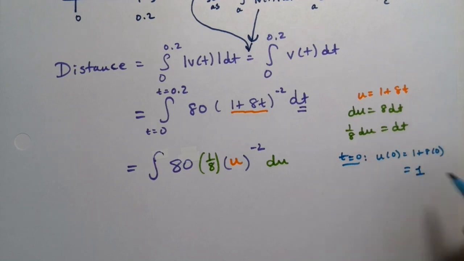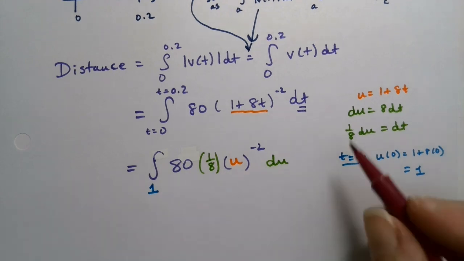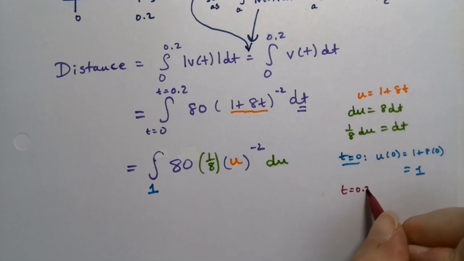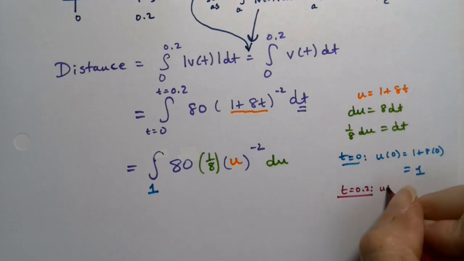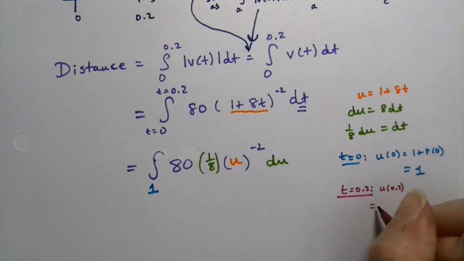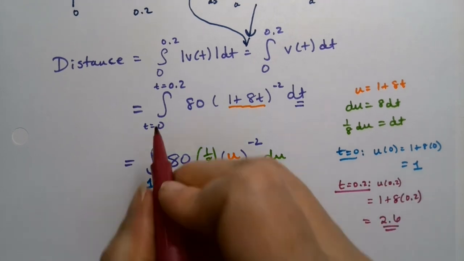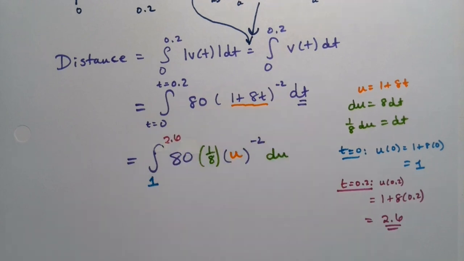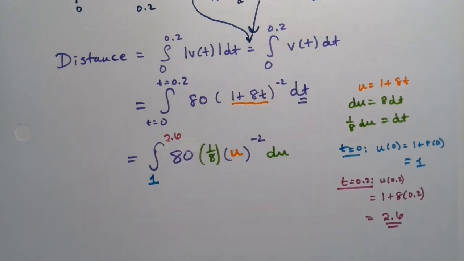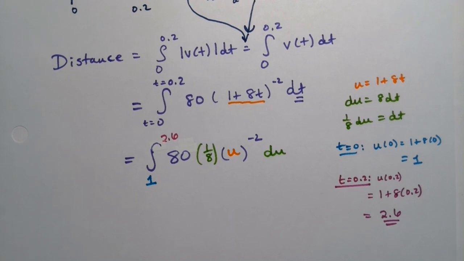Therefore, my bottom number is now 1. When t was equal to 0.2, u of 0.2 is 1 plus 8 times 0.2, which is 1.6 plus 1, which is 2.6. So this top number is now 2.6. You must switch your limits of integration with u substitution. Must.